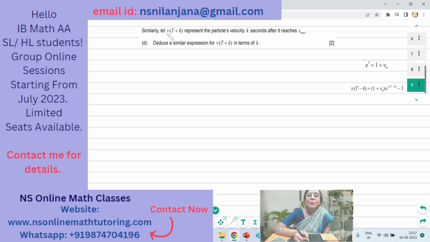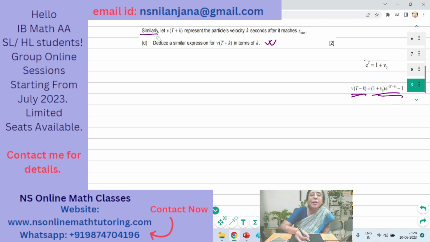Similarly, let V of T plus k represent the particle's velocity k seconds after it reaches S max. And the question for this subpart D is deduce a similar expression for V of capital T plus k in terms of k. Again containing 2 marks, and V of capital T minus k given in subpart C was having this expression.